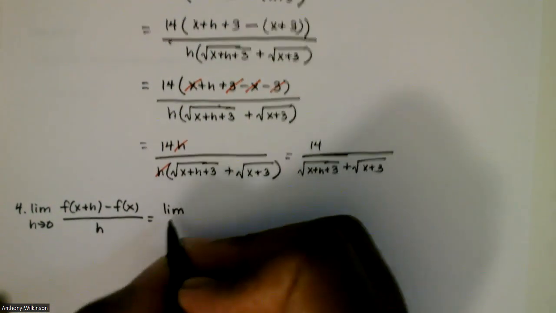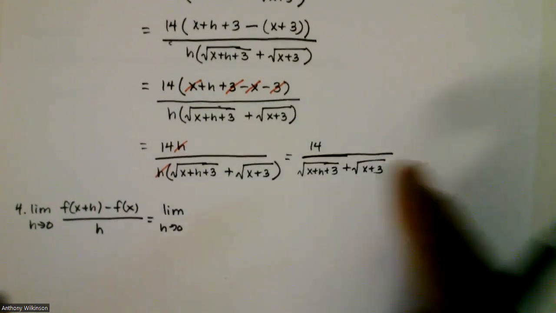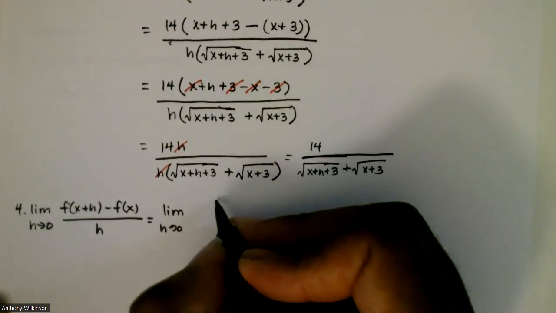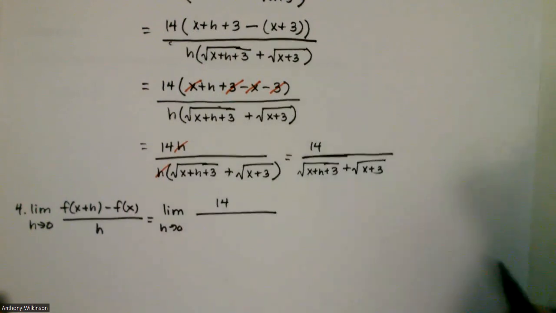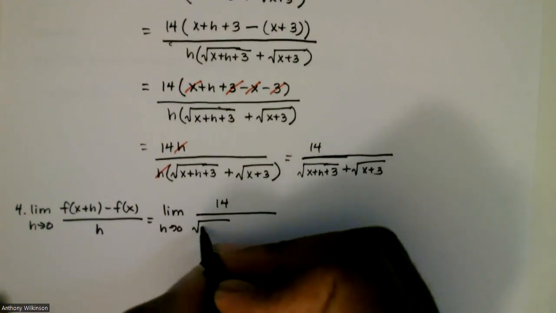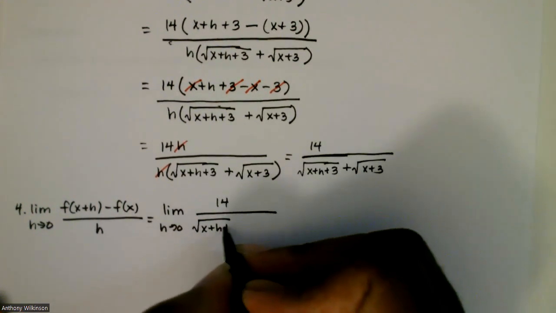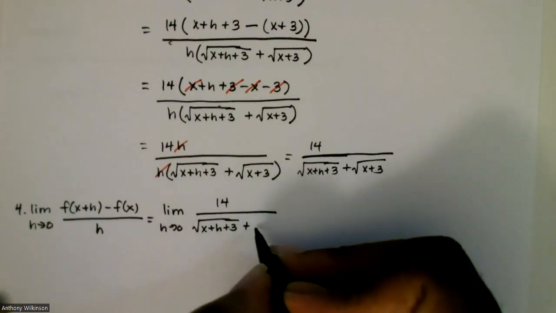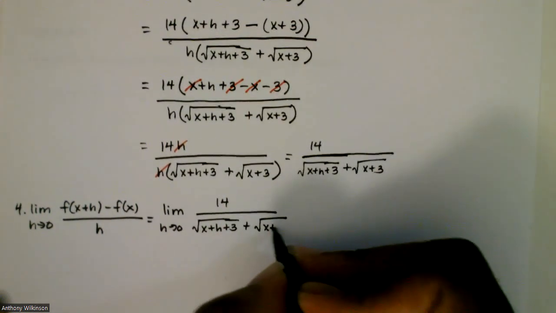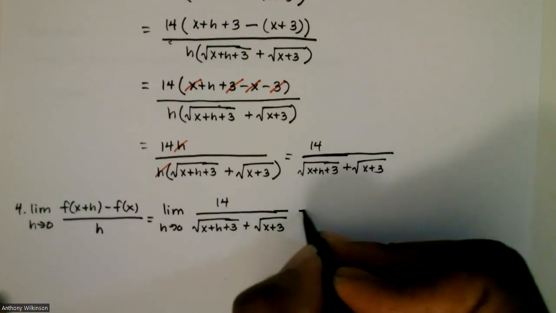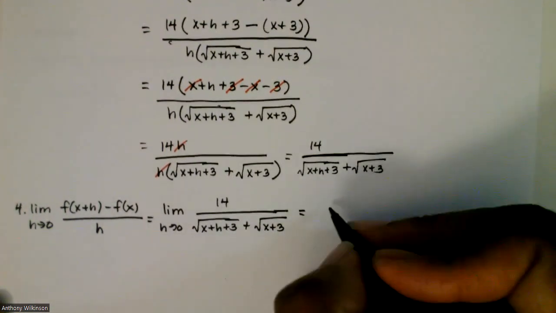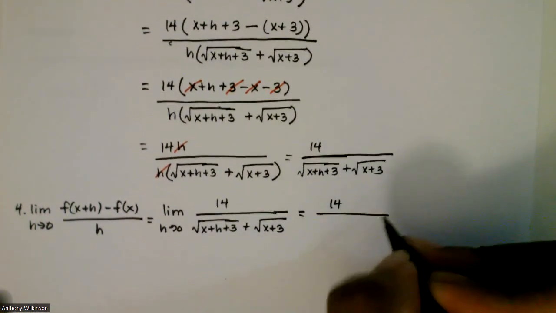So the limit as h approaches 0 of this expression, 14 over the square root of x plus h plus 3 plus the square root of x plus 3. Now, bring the 14 over.